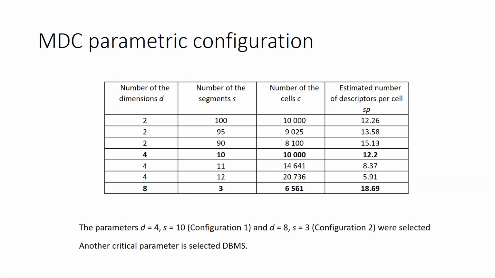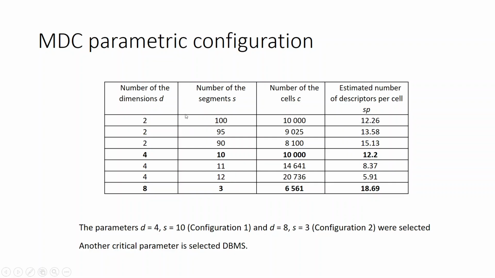So here is an example of the parametric configuration for the MDC. Here you can see the main parameters D and S, also the calculated number of cells and the estimated number of descriptors per cell, and we must choose the values from this last column.